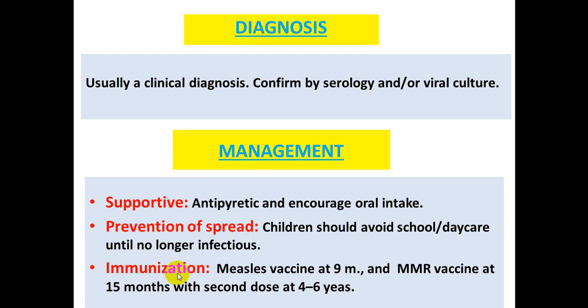Immunization is the most important step in the prevention of the disease. Measles vaccine given at the age of 9 months, and the measles, mumps, rubella vaccines, MMR vaccine given at the age of 15 months, with the second dose at 4 to 6 years age.